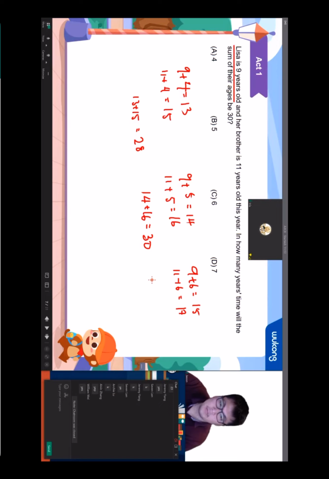And then we add it together, and it equals to 50. Equals to 33. And then I did 9 plus 7.